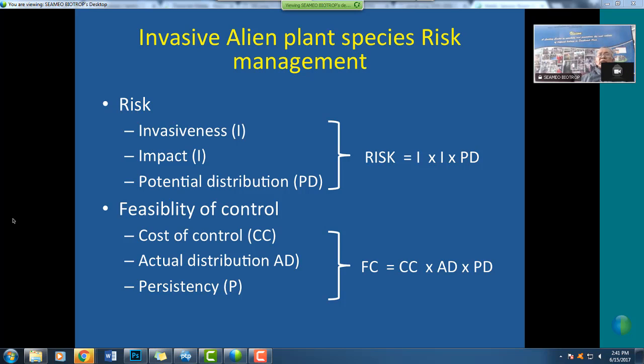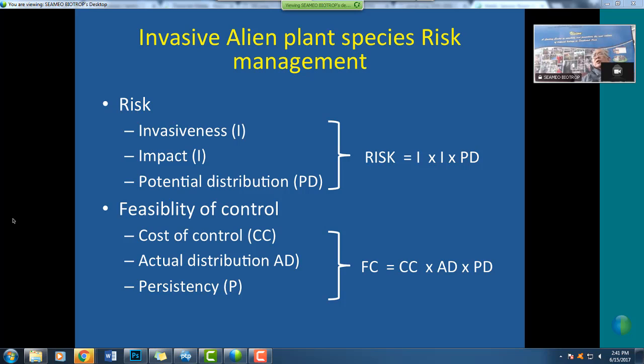So invasiveness, we might call it the probability that a plant becomes invasive, and it depends upon the biological characters of the plant. And risk is a combination of the invasiveness, impact, and potential distribution.